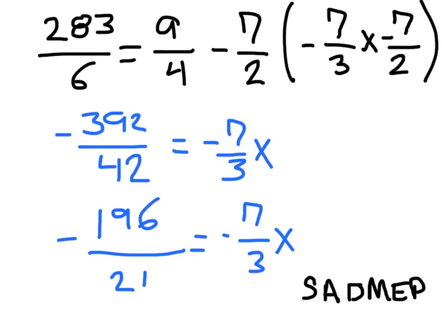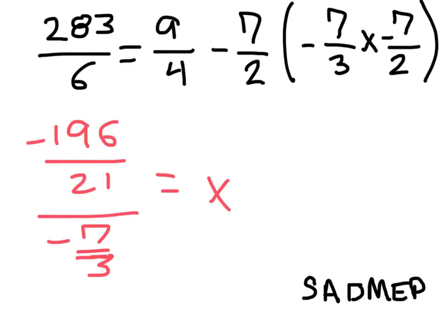Now to get x by itself, it is being multiplied by negative 7/3. So we need to divide both sides by negative 7/3. So now we have 196 over 21 over negative 7/3. And we have two negatives. Two negatives make a positive, so we can ignore them and get a positive number.